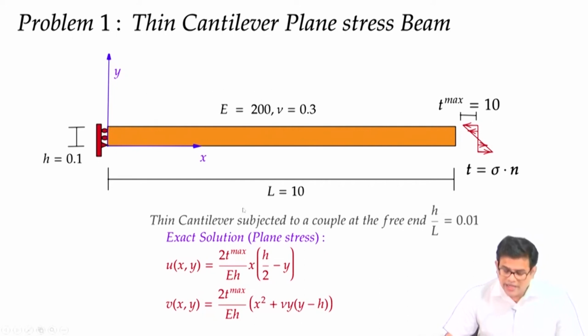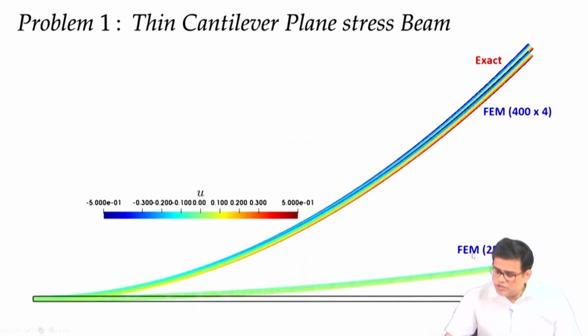Now if I solve this problem with the standard 4-noded quadrilateral element, using a 25 cross 4 mesh, then it looks like this.